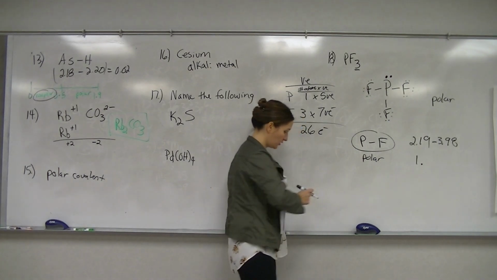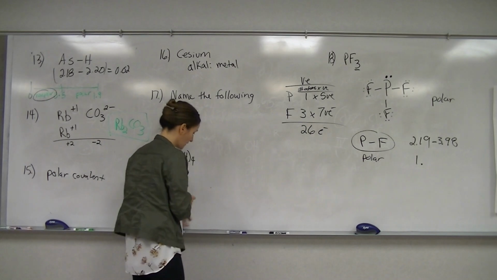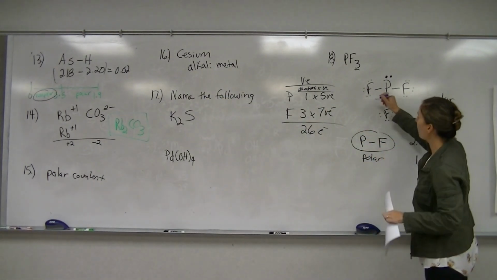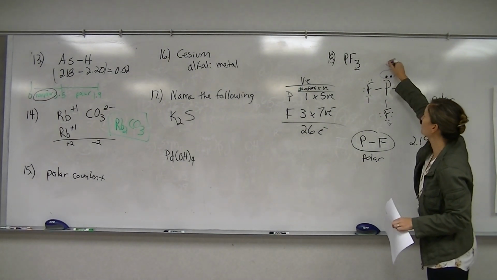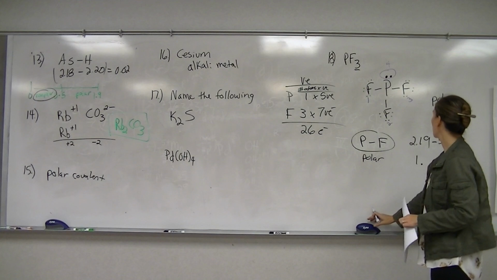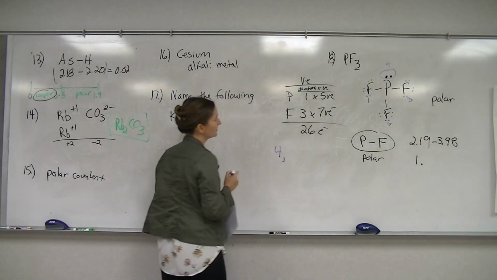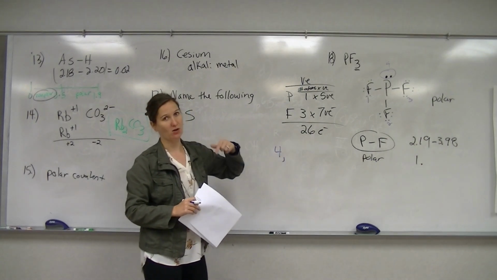So for molecular geometry, you're looking at how many things around the central atom. And we have 4 total things, right? 1, 2, 3, and then this lone pair also counts as a thing. So we have 4 total things. So we're at our 4 comma. And what comes after that comma is how many of those 4 things are lone pairs.